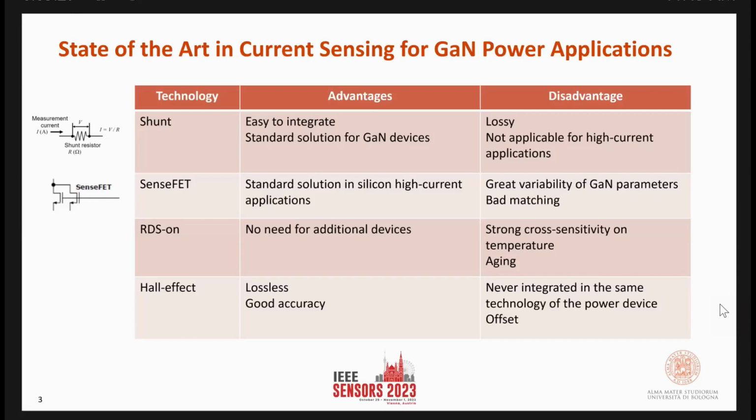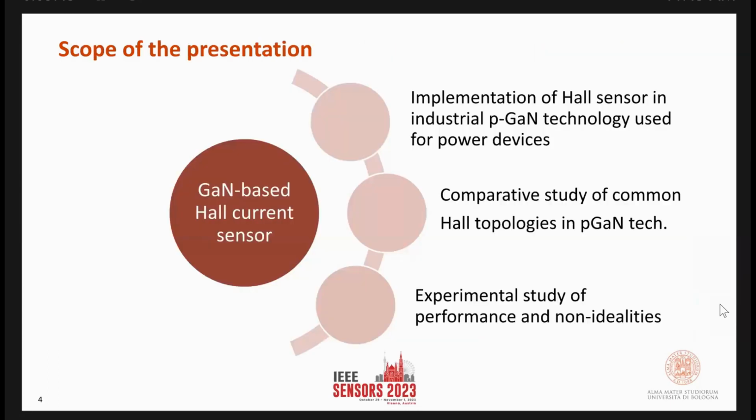Till now, they are already used in applications, but they are developed on different technologies, not the same technology as the GaN devices that you have to monitor. In this presentation, we want to study what is possible, and what the performance would be if we realize the Hall effect sensor in the same p-GaN technology used for the power device.